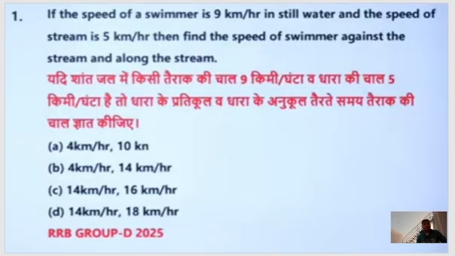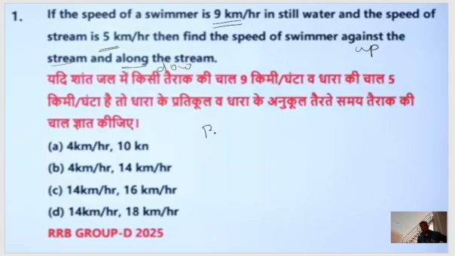The first question is, if the speed of a swimmer is 9 km per hour in still water, it means the boat speed is given in the question, and the speed of stream is 5 km per hour, then find the speed of the swimmer against the stream and along the stream. Against the stream means upstream and along the stream means downstream.